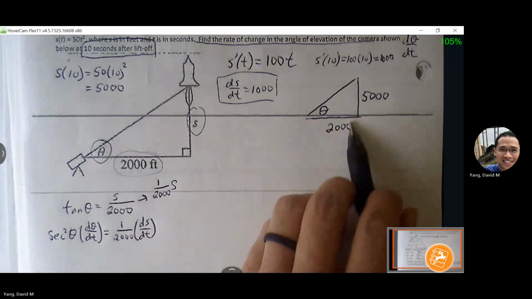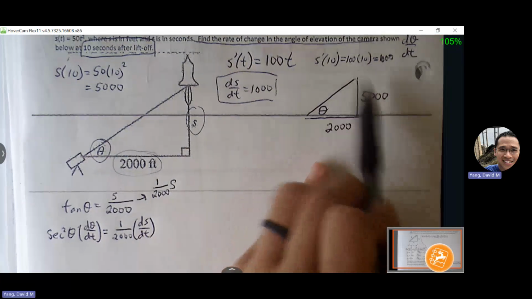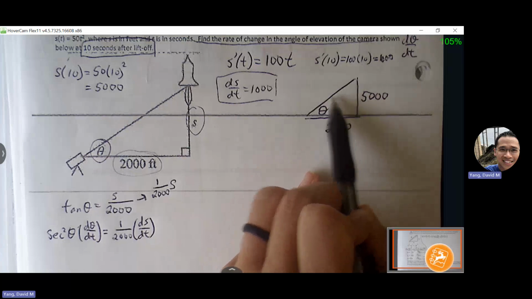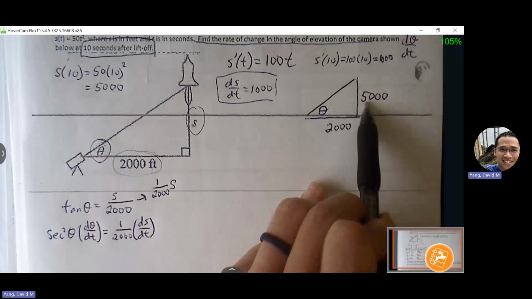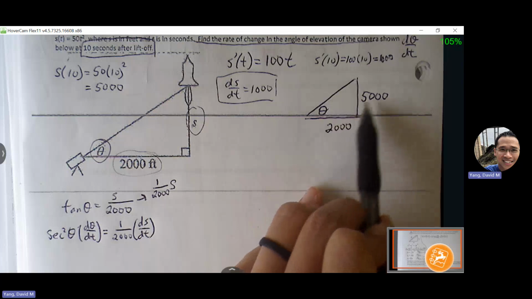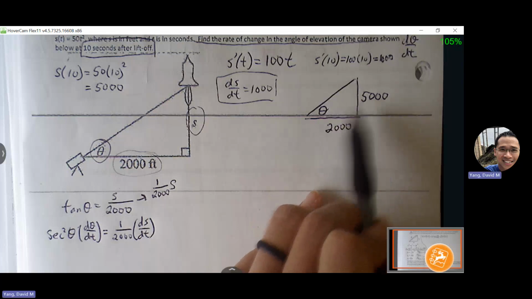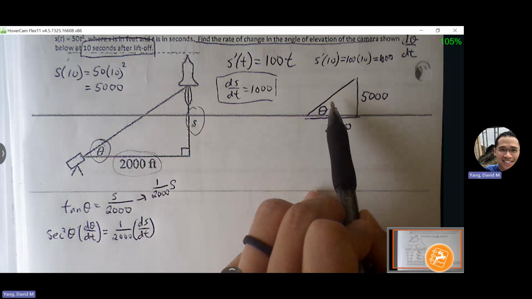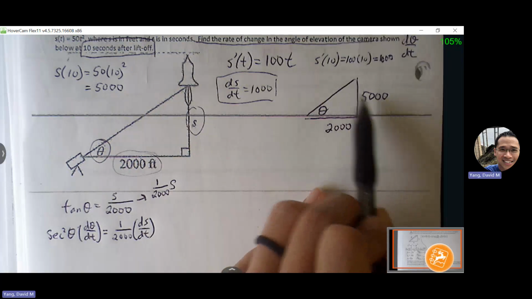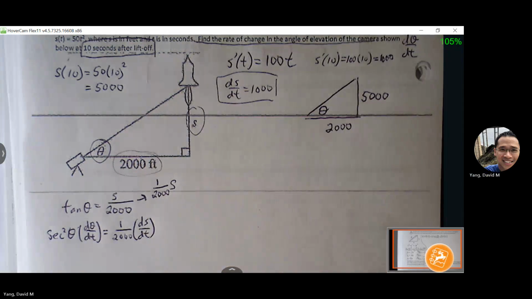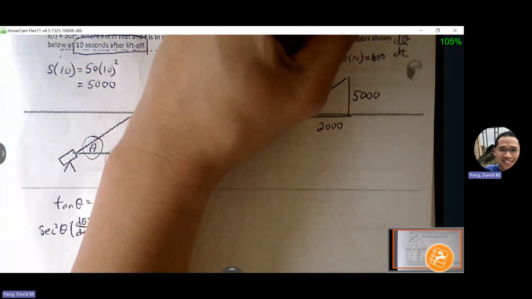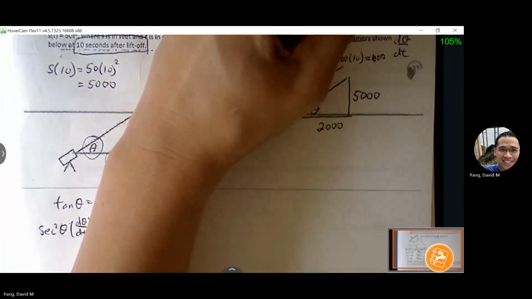All right. Now, to find secant, we need to have the hypotenuse as well. So what can we do to find the hypotenuse? Pythagorean theorem, right? It's a large number, but you have your calculator. So a squared plus b squared equals c squared. We're getting a pretty messy number here, ends up giving us 29 million. And we've got to get the square root of that, right?